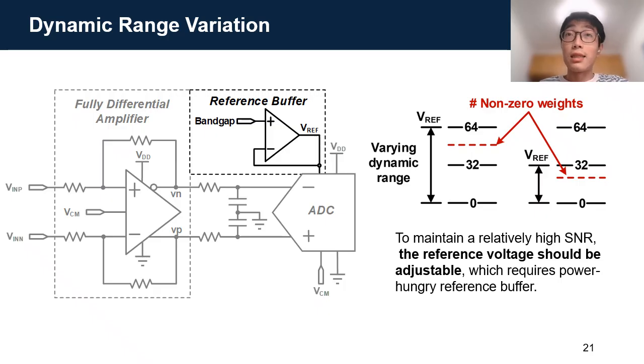So to maintain a relatively high SNR, the reference voltage should be adjustable, but it requires a power-hungry reference buffer. Since the buffer is required to operate at high speed, its substantial static power consumption can even far exceed the ADC itself.